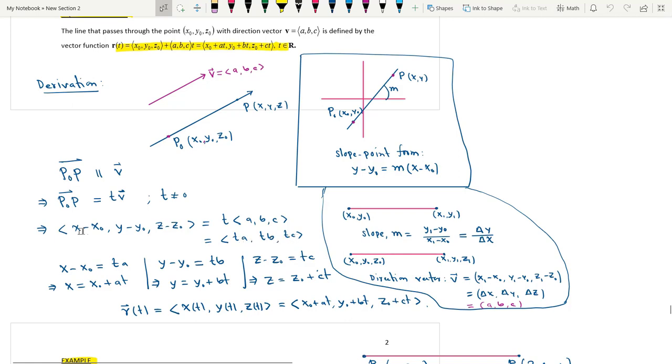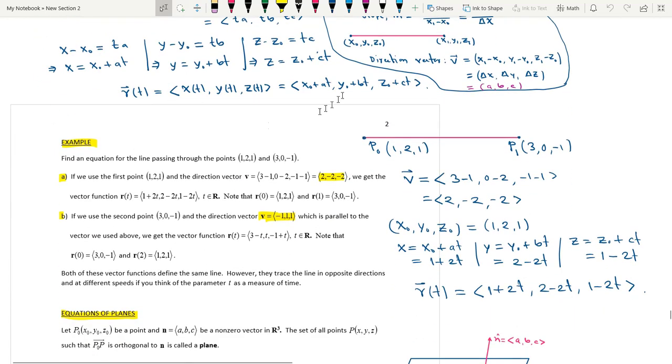Now, the first component x minus x0 equals ta, so x would be x0 plus at. Similarly, the second component y minus y0 equals tb, so y would be y0 plus bt. And similarly, we will get this. So the equation of the line is x0 plus at, y0 plus bt, z0 plus ct. This one.